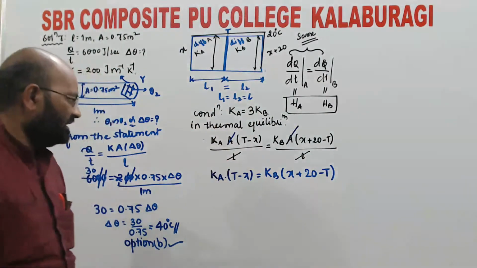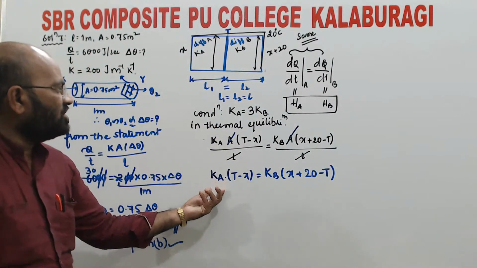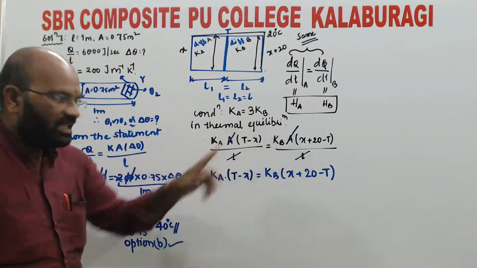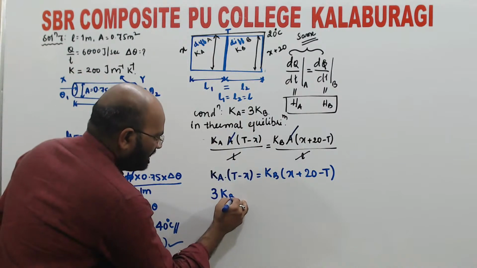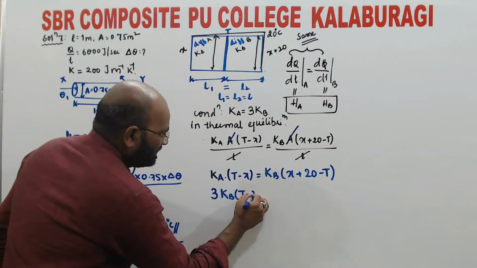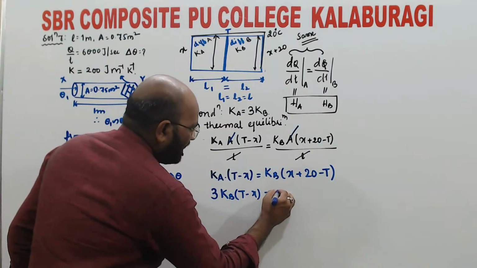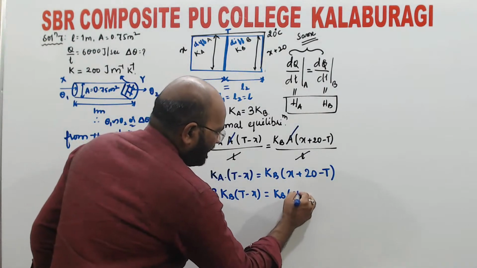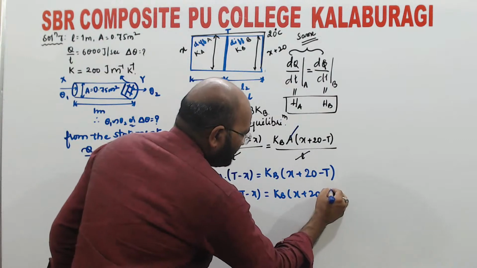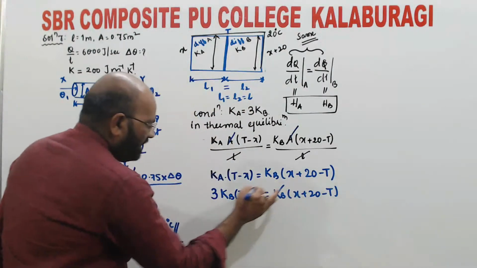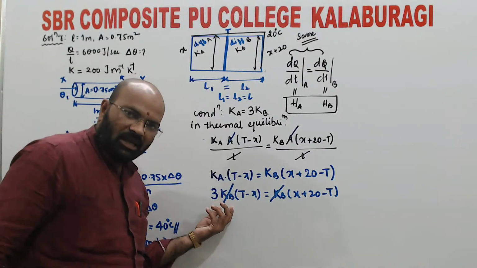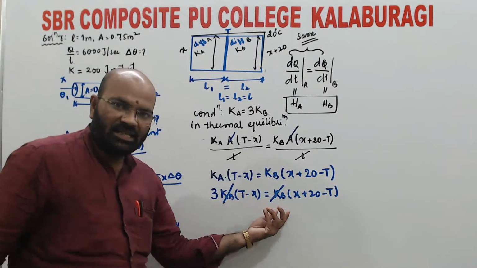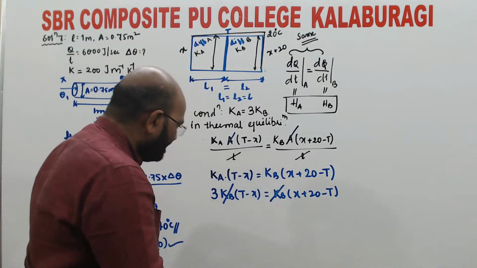Then simplify this. The given condition is Ka equals 3 times Kb. This is 3 times Kb into T minus X equals Kb into X plus 20 minus T, where Kb on both sides will cancel because the coefficient of thermal conductivity is on the left-hand side and right-hand side.